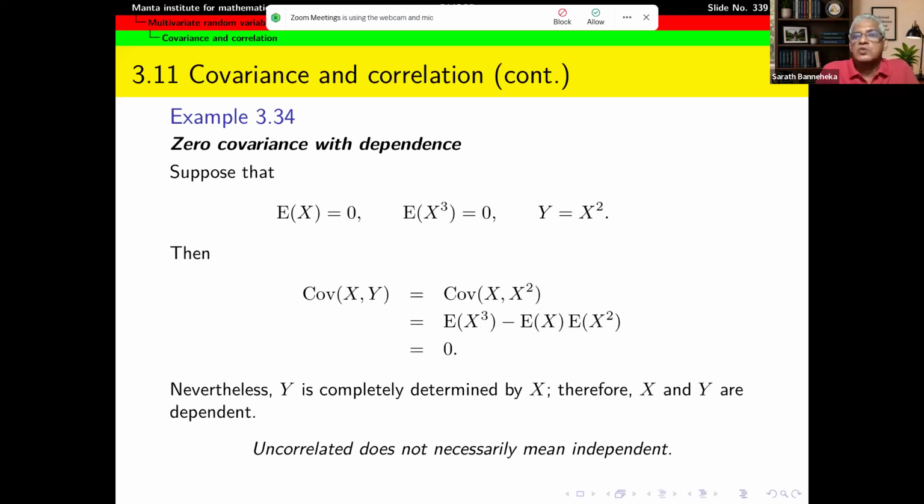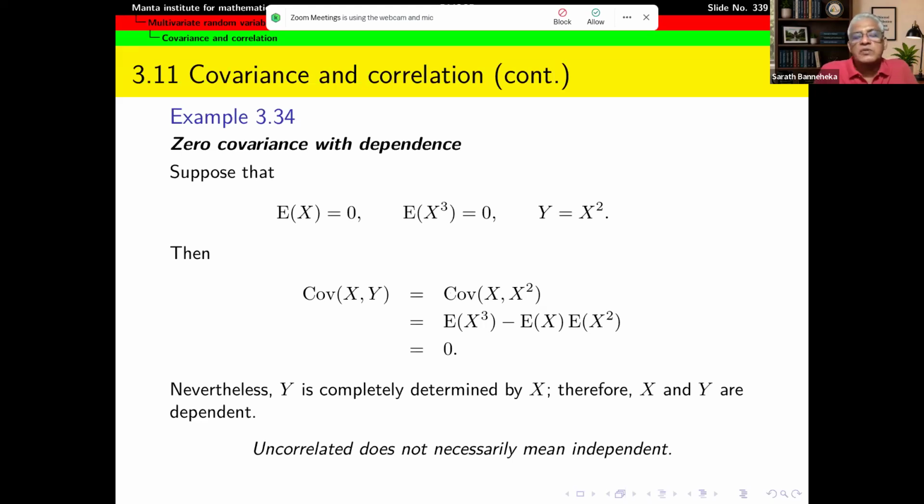If you consider x to be a standard normal random variable, we know that expected value of x is 0. And for any normal distribution around 0, not only standard, expected value of x cube is 0. And let's say y is equal to x square.